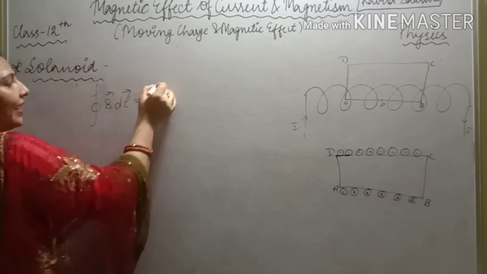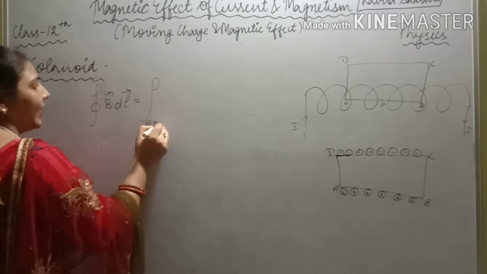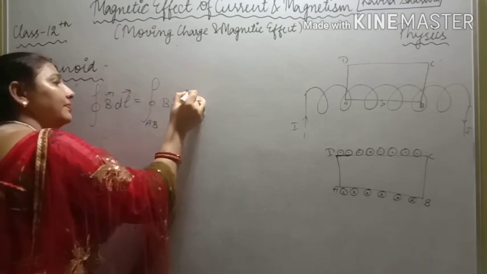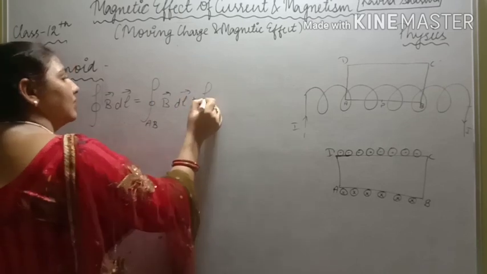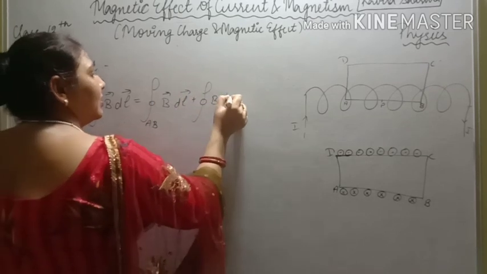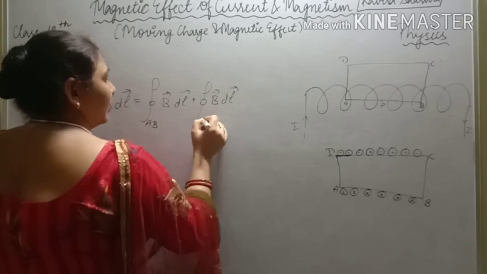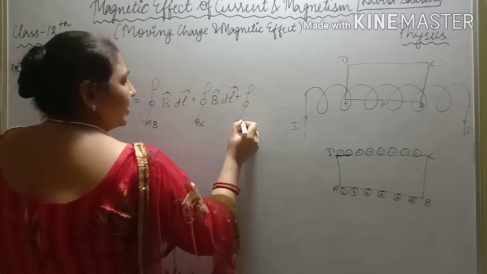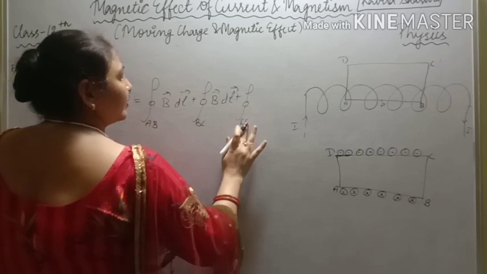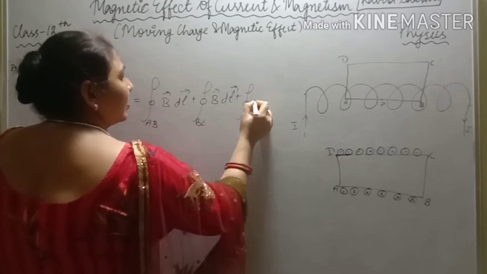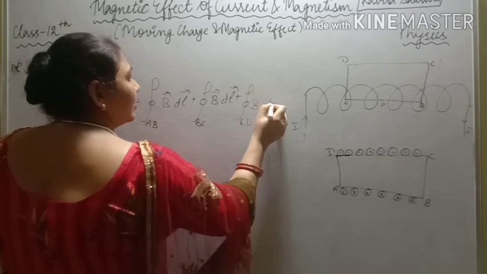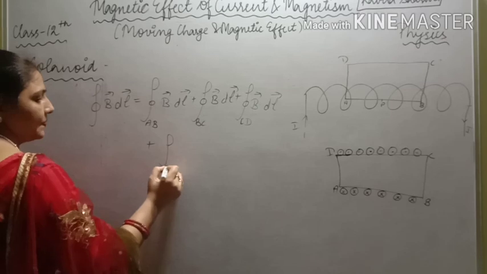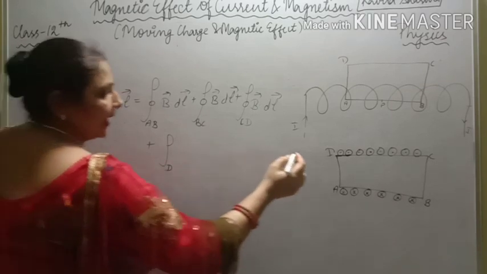Okay, now according to Ampere's circuital law we have the line integral of B dot dl. This can be given as the line integral along AB of B dot dl, plus B dot dl along BC, then CD, plus DA.